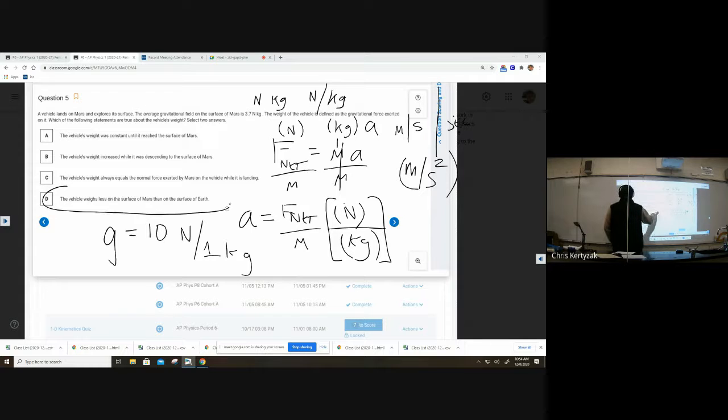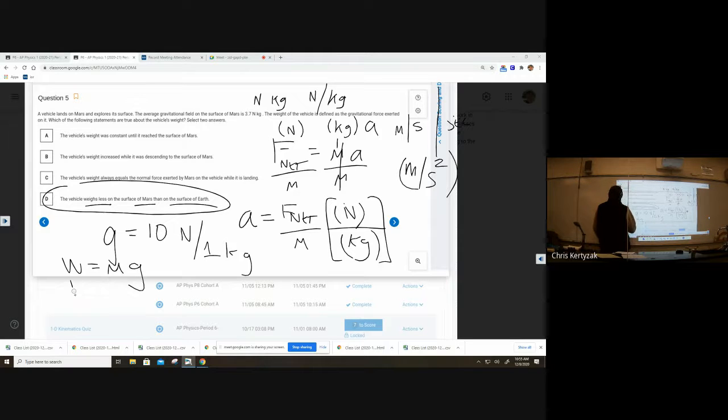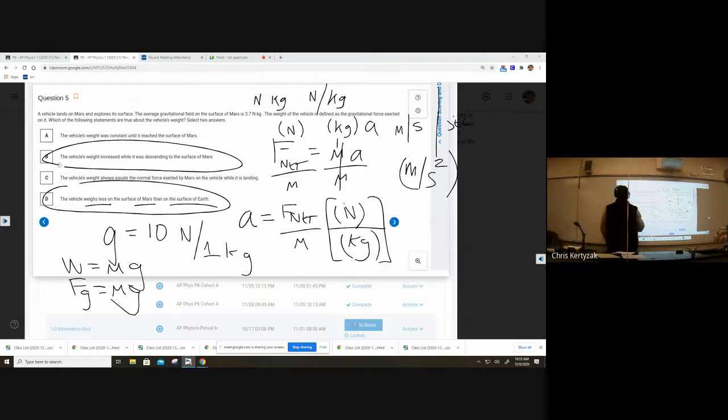D is definitely correct because it says the vehicle weighs less on Mars than it does here. Yeah, because there's less gravity on Mars, right? And we know that the weight of anything is mg, or we write the force of gravity is mg. So if g is less, which it is, as they said in the problem, then the weight must be less.